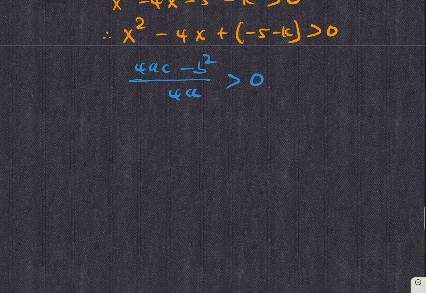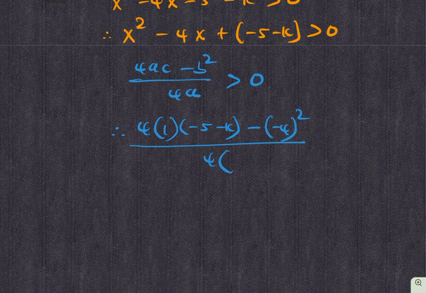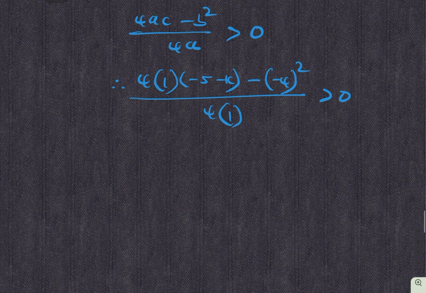So let's just substitute what we have here. This becomes 4 into a, a is 1, times c. c is negative 5 minus k there, minus b. So b is negative 4, squared, divided by 4 into a, a is 1, bigger than 0. So let's apply ourselves here.